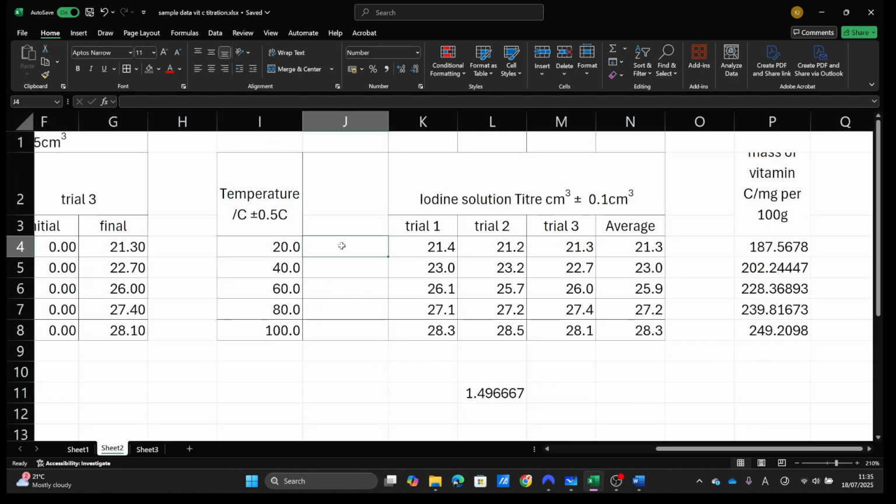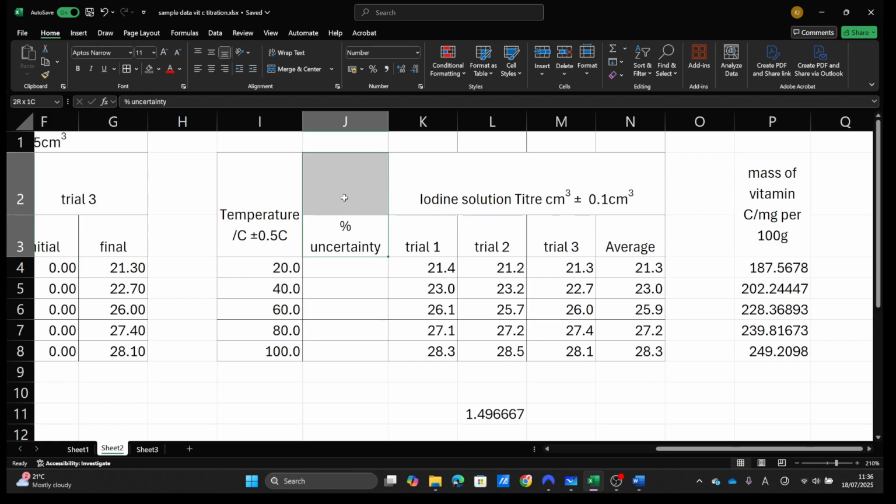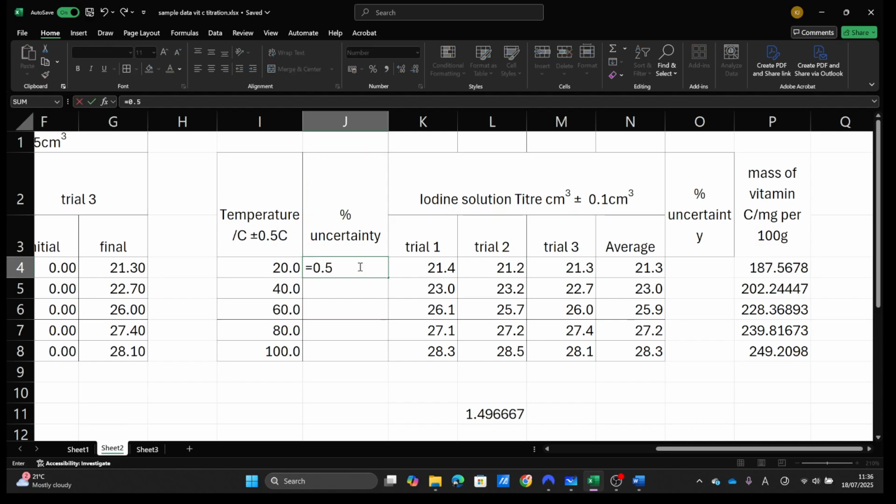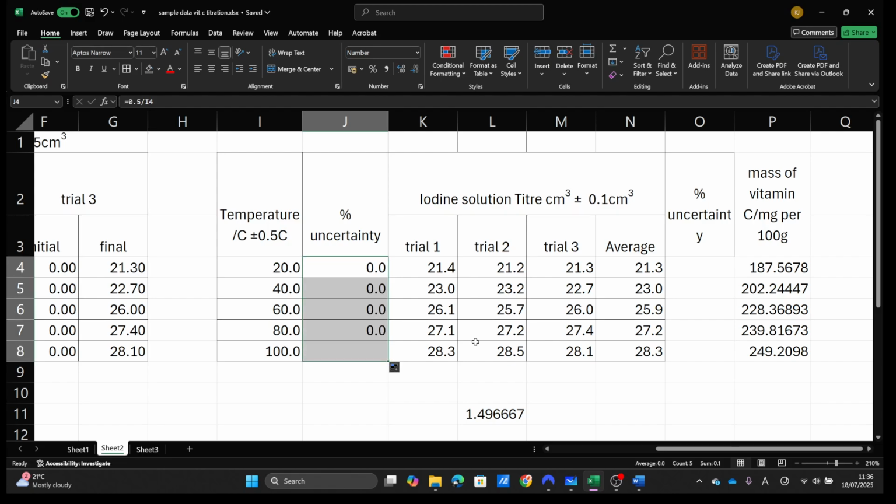And then I need to work out the percentage uncertainty for the 2 that are going to change, or fractional. It's okay to do fractional as well. Merge that. There we go. Okay, so for each of these it's going to equal 0.5 divided by this. Drag that down.